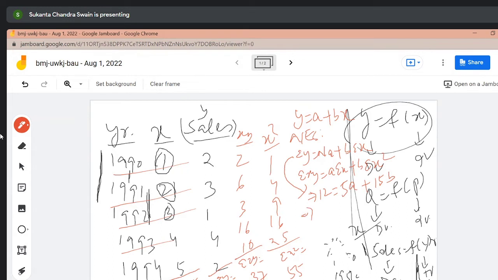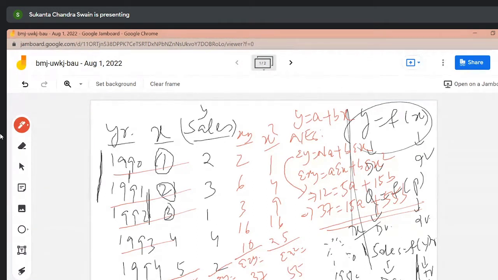Like that, sigma xy, 37 is equal to 15a plus b sigma x square, that is 55. Solve these two normal equations and tell me the values of a and b.